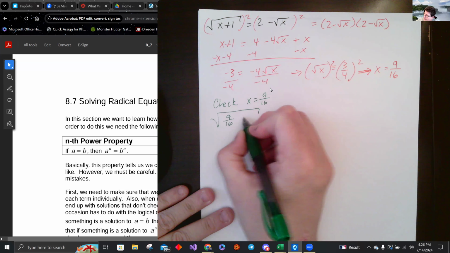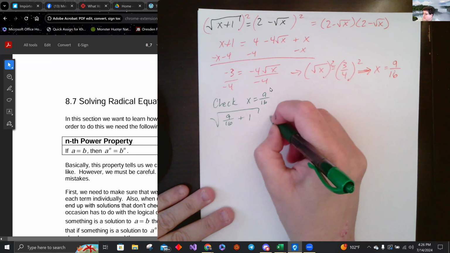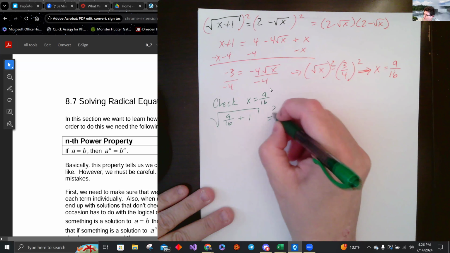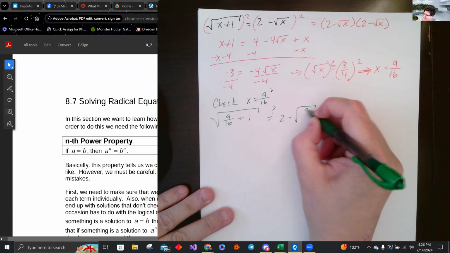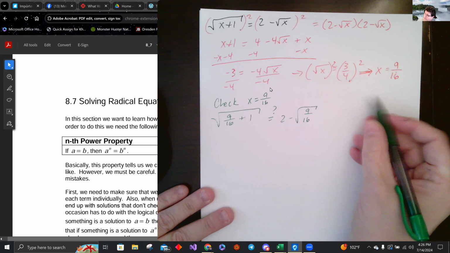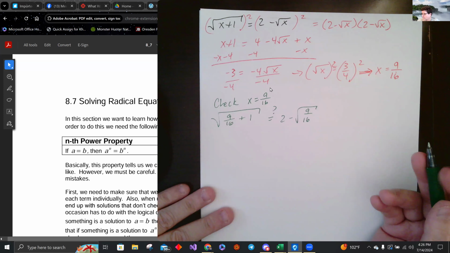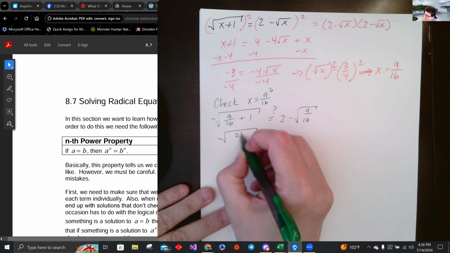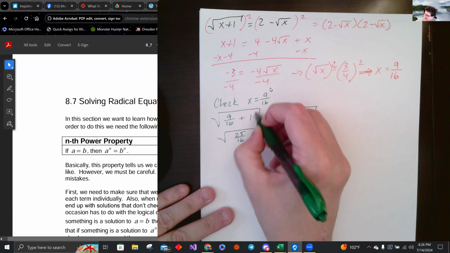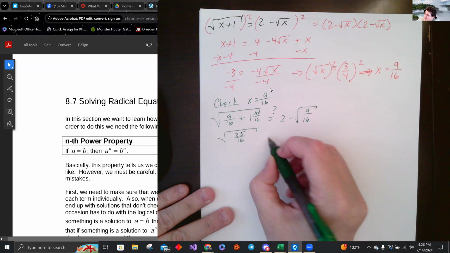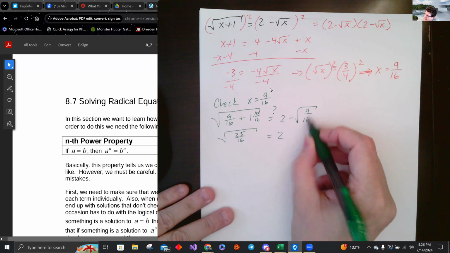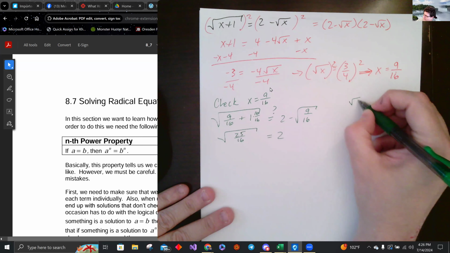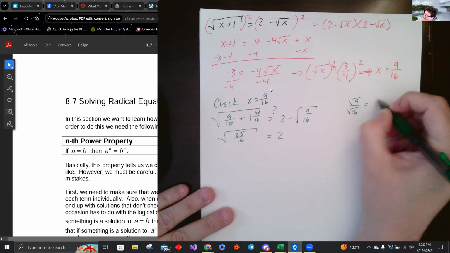Nine sixteenths plus 1. Does that equal 2 minus the square root of 9/16? If I get a common denominator here, this is 25 over 16. And this is square root of 9 over square root of 16, which is 3/4.